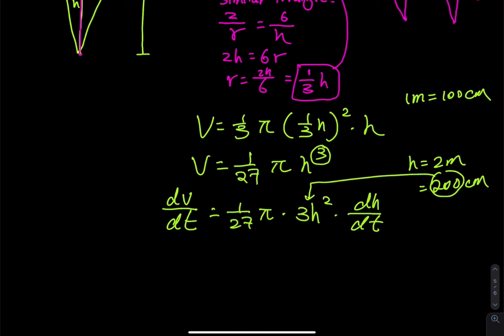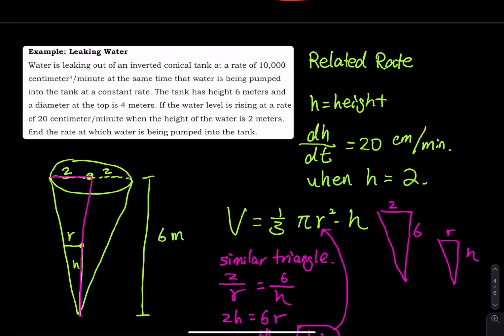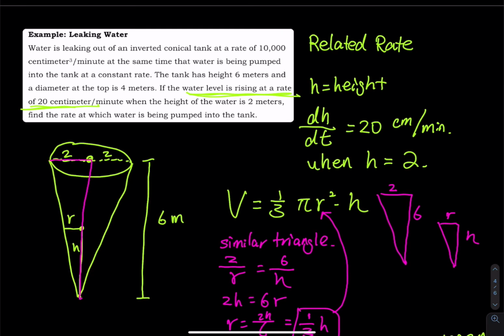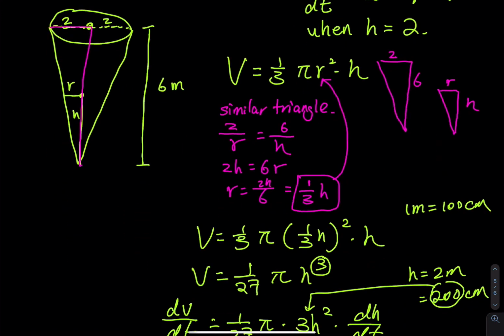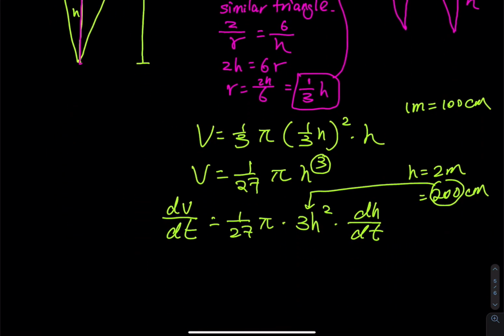How about my dh/dt? The water level is rising at a rate of 20 centimeters per minute, so that would be my dh/dt. My dh/dt is equal to 20.